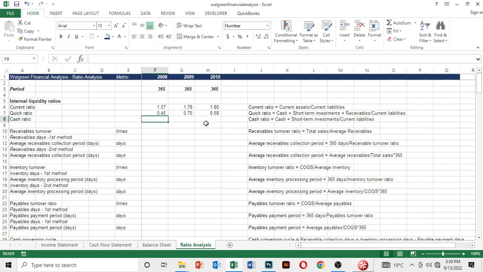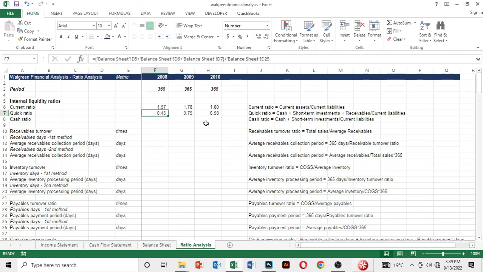Perfect. Now let's proceed. So now what we have been comparing is whether our cash plus short-term investments and receivables will be able to cover our current liabilities. So you see these ratios, we compute them based on the level of liquidity of the assets that are involved.